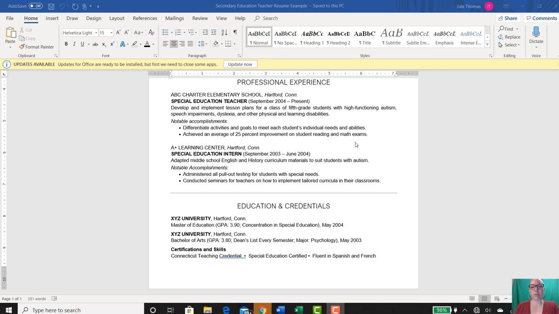And then education and credentials. This will likely be the last component of your professional resume. Certification and skills. Certainly make sure that you reference your service learning, and then reference any of the types of experiences or training you've had in any type of best practices when it comes to teaching or tutoring.